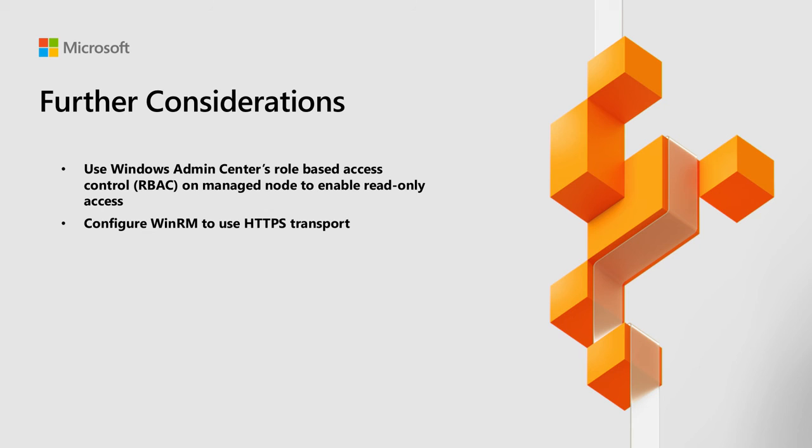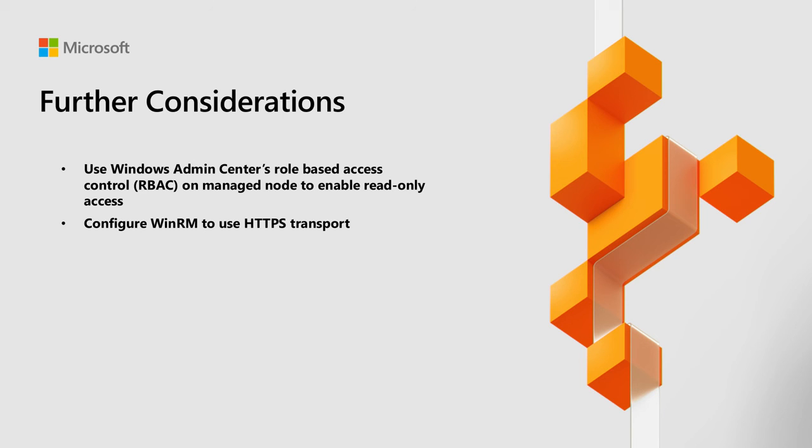Another thing you can do to improve security in your environment is configure WinRM to use HTTPS. This was a user request we had been getting since we shipped Project Honolulu. There are lots of environments where WinRM over HTTPS is required, like financial industries. And we recently added support for WinRM over HTTPS to Windows Admin Center.